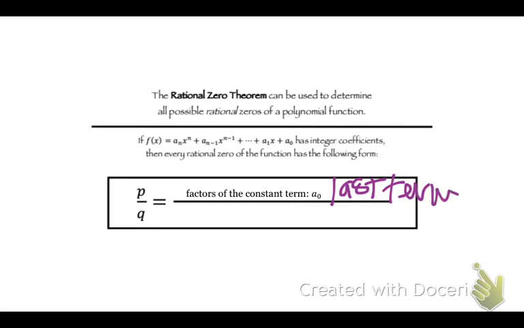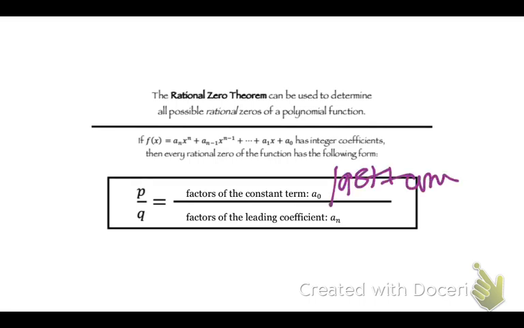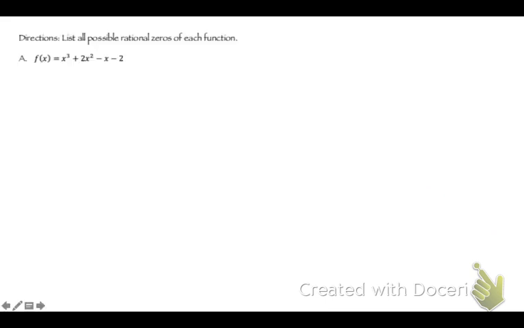And then q is the factors of the leading coefficient, so a sub n, or the first term. So this is the factors of the last term over the factors of the first term. Okay? So here we're just going to list all the possible rational zeros.